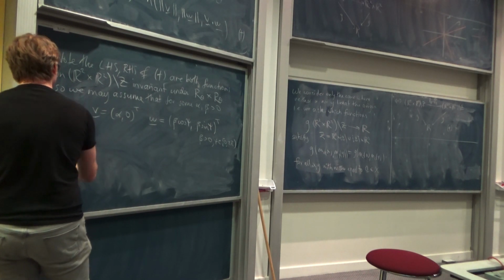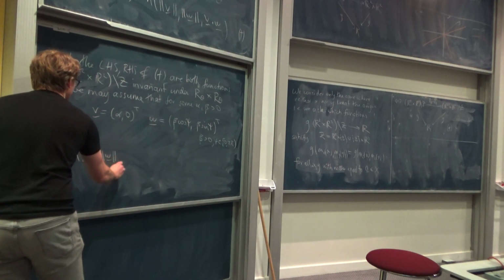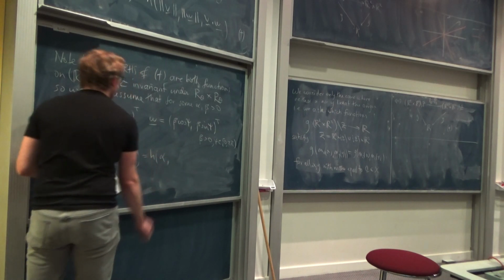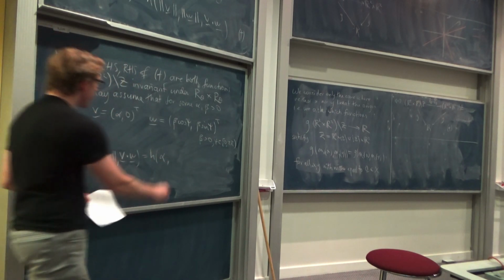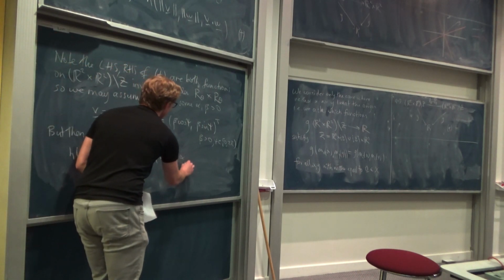Okay, but then H of this stuff is H of alpha, well, the length of that is beta, and the dot product is just alpha beta cosine psi.